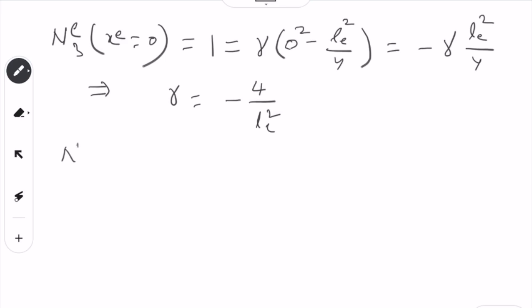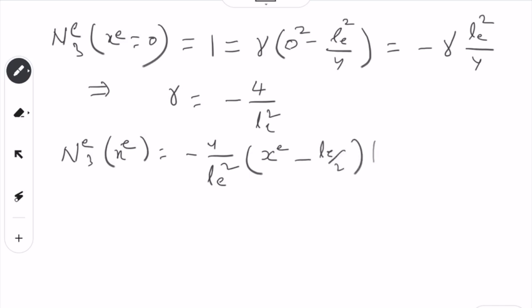Hence you get N3(xe) will be equal to gamma, that is 1 over 4 le square, then (xe minus le over 2) multiplied by (xe plus le over 2). So this is what you get for N3.